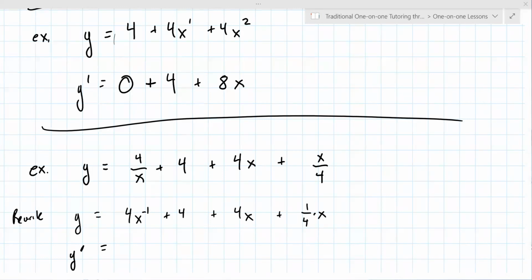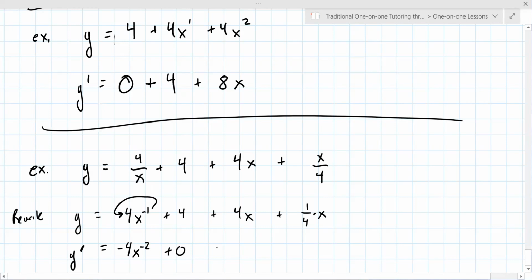So now I want you to take the derivative. So you bring this down, right? It's minus 4x to the minus 2, plus 0, plus 4. Very good.